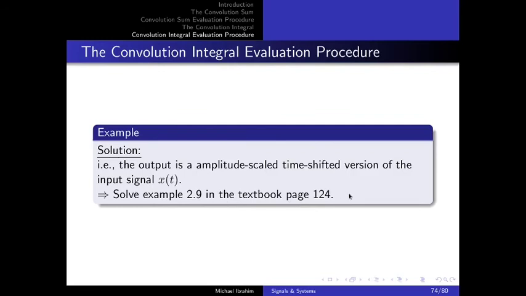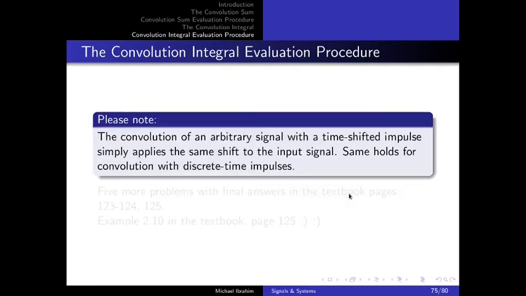It's an important example. Please note that convolution of an arbitrary signal, which is any signal x of t, with a time shifted impulse simply applies the same shift to the input signal. The same holds for discrete time impulses.